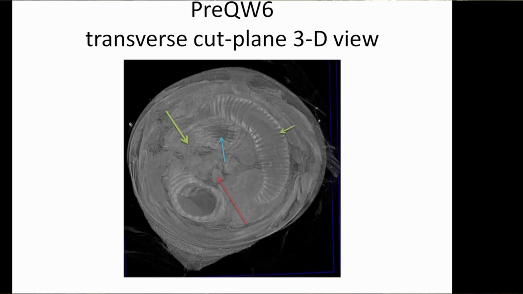Now here we're not only seeing air between the muscle layers circularly, we're seeing it longitudinally.